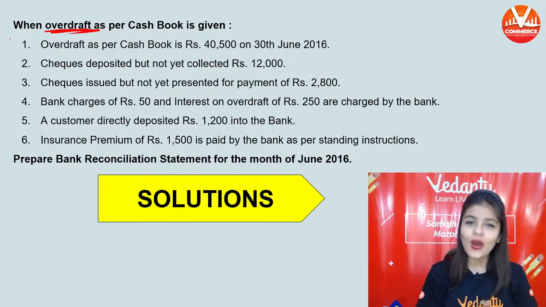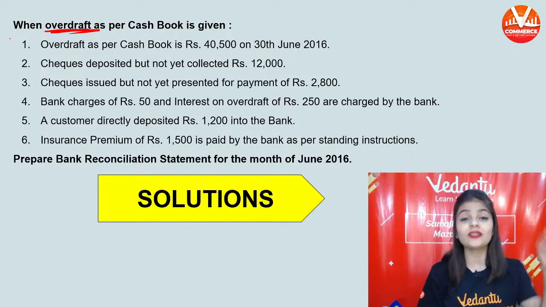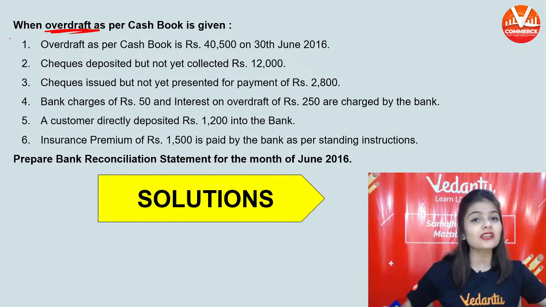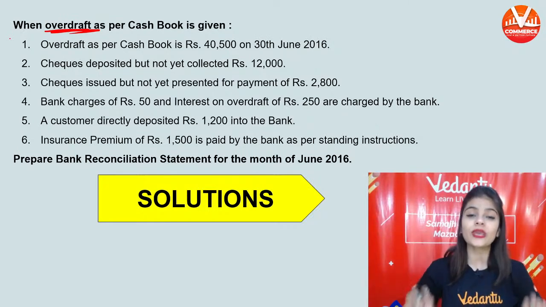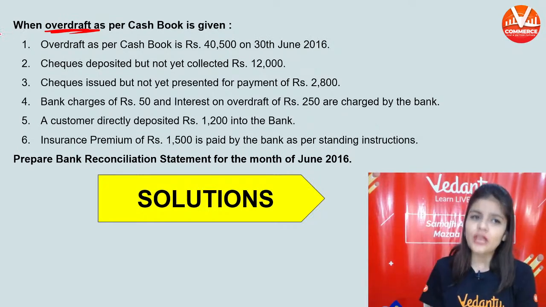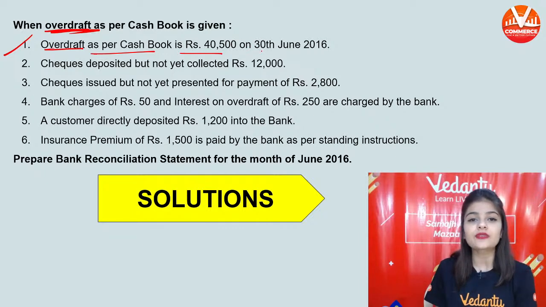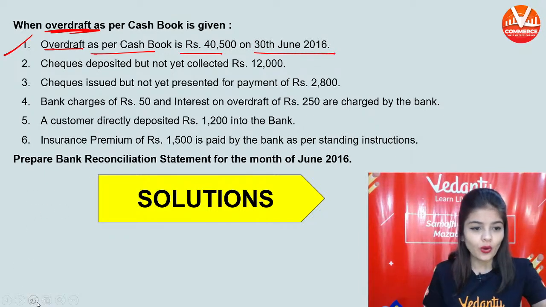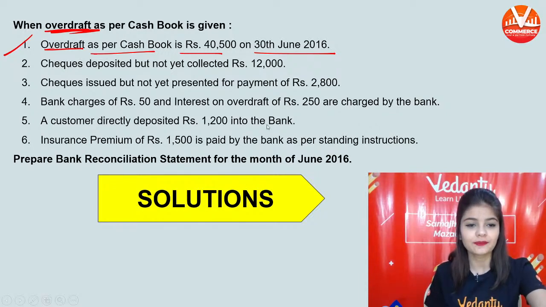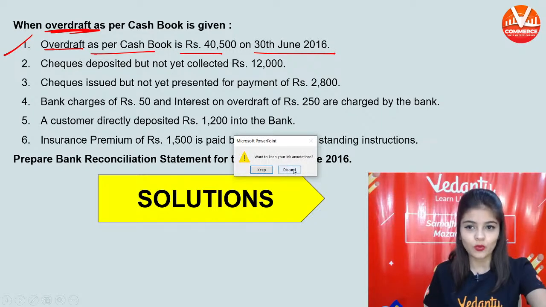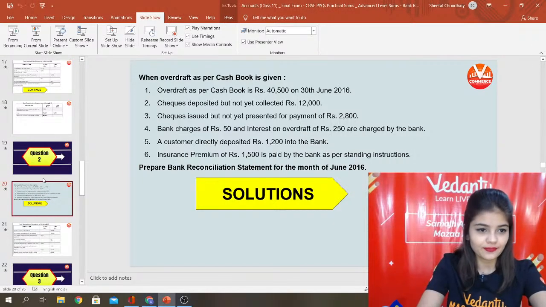So now I am going to tell you how you will solve this question when the overdraft balance as per cash book or as per passbook is given. तो चलिए शुरू करते हैं. Overdraft as per passbook is 40,500 on 30th June. Now let me add another sheet to this, because I am going to write it myself.